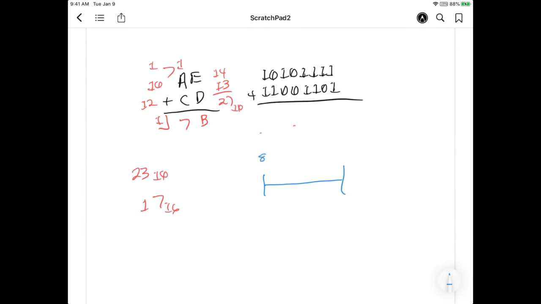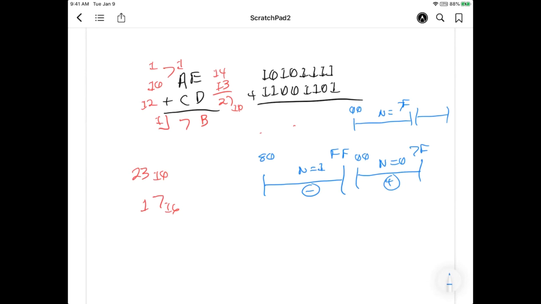So our signed line goes from 80 to FF, and it goes 00 to 7F. In this case, all of these have N equal 1, which makes them negative. This has N equals 0, which makes them positive. Now for unsigned, all the numbers here from 00 to 7F, N is 0, which means they're positive.